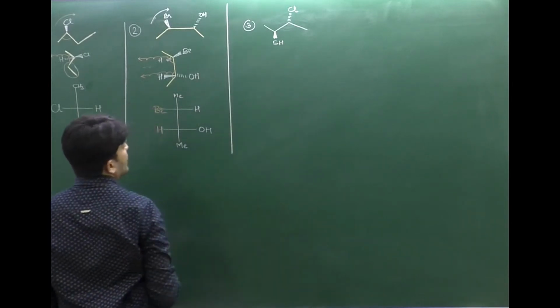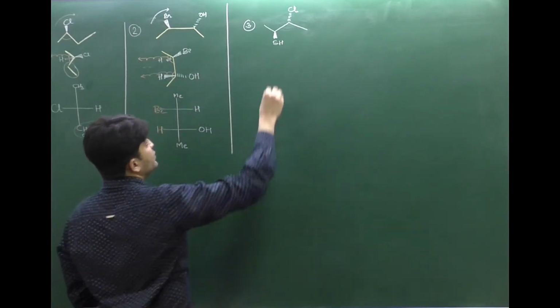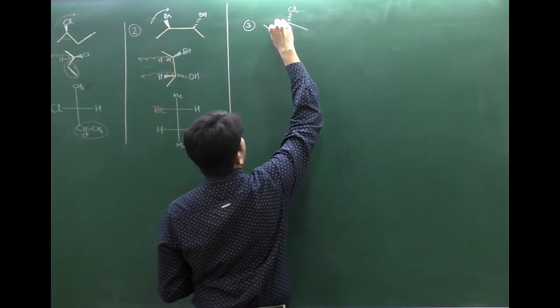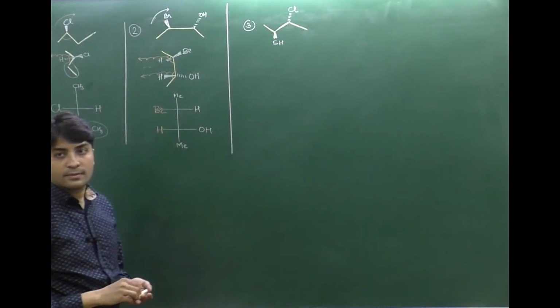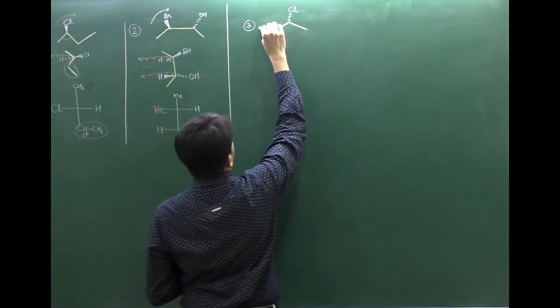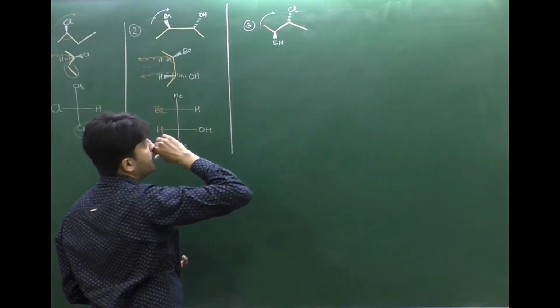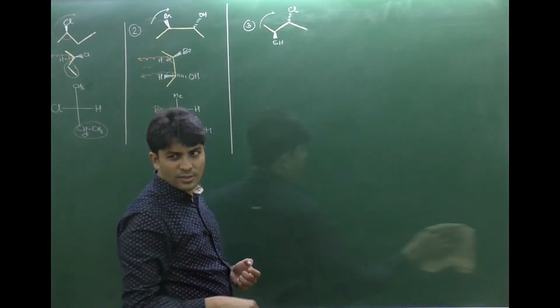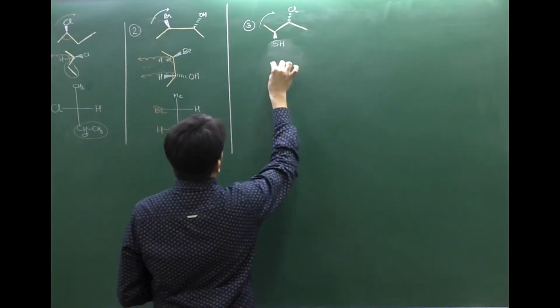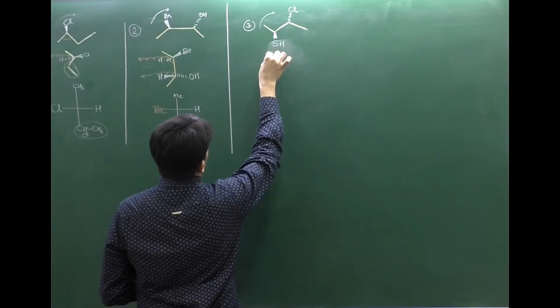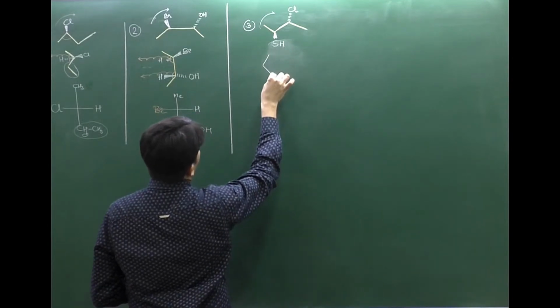Third one, again two chiral centers can be visualized, and I can take the chain of the carbon as this, and again just try to rotate by 90 degrees clockwise as convention. So if I rotate, I'll get the chain like this.